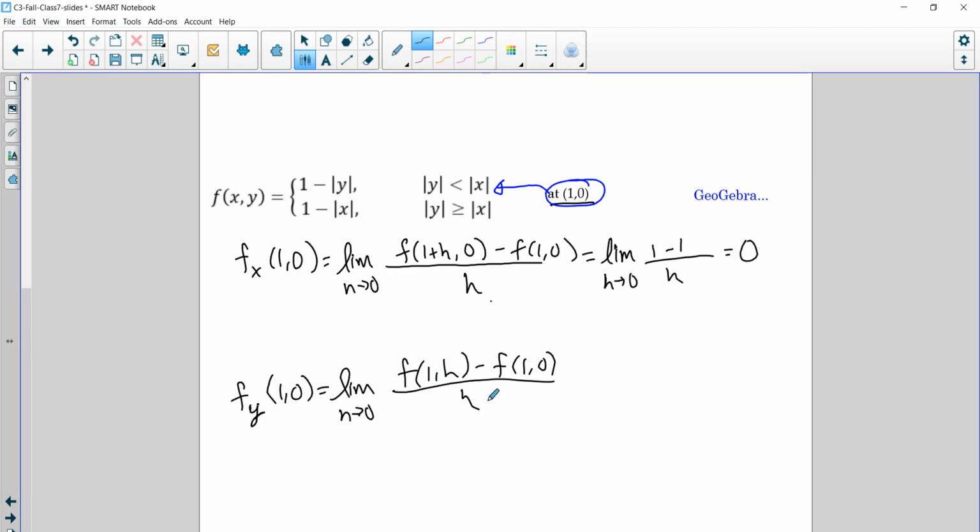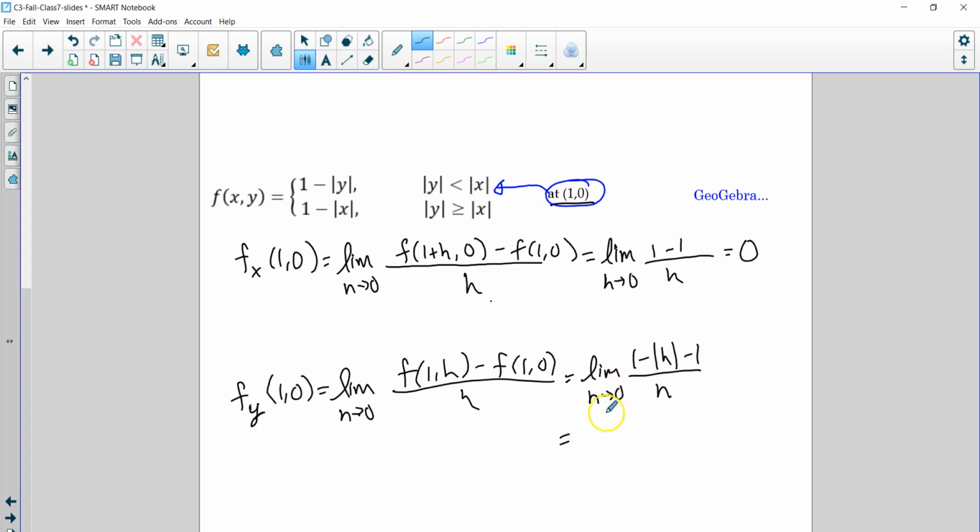Alright, and when I do this, this is the limit as h approaches 0, numerator is 1 minus absolute value of h minus 1, all over h.